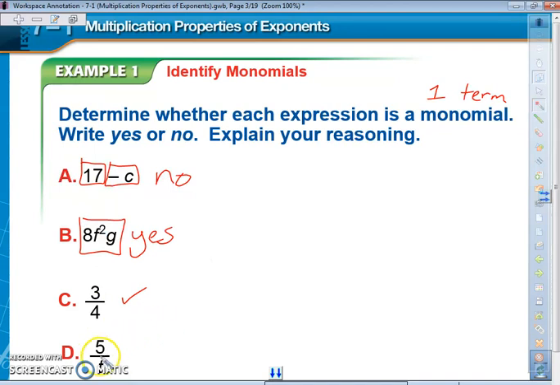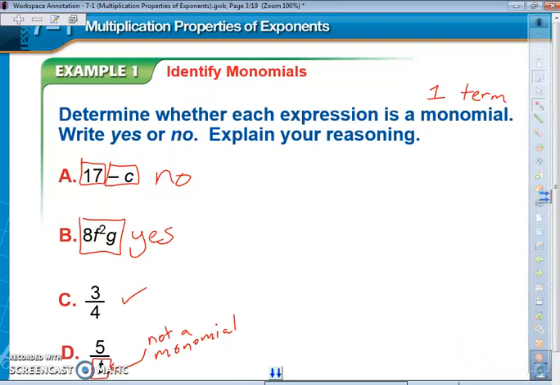Now, this is a little bit different because 5 over t, if you have a variable in the denominator, it is not a monomial. All right, and that's the way the math gods label it. A variable in the bottom, it's not a monomial. We're not dealing with that.